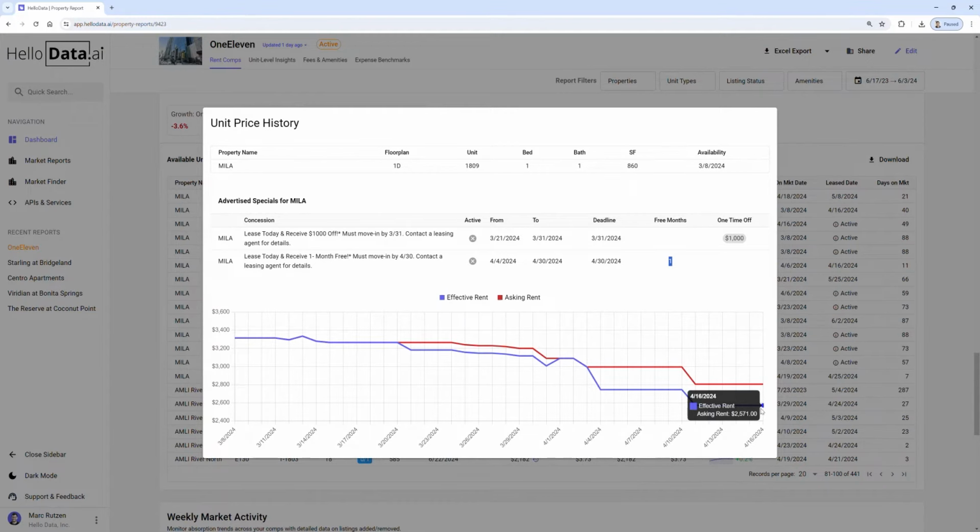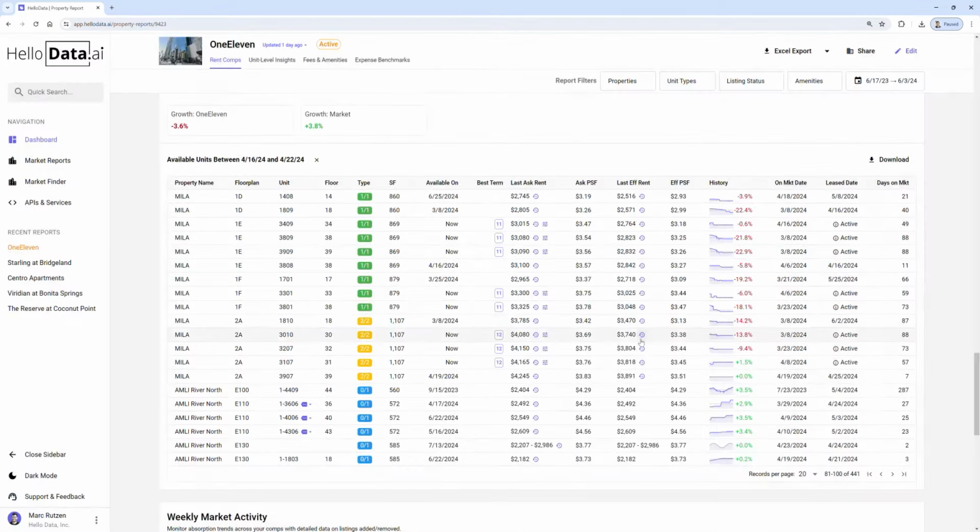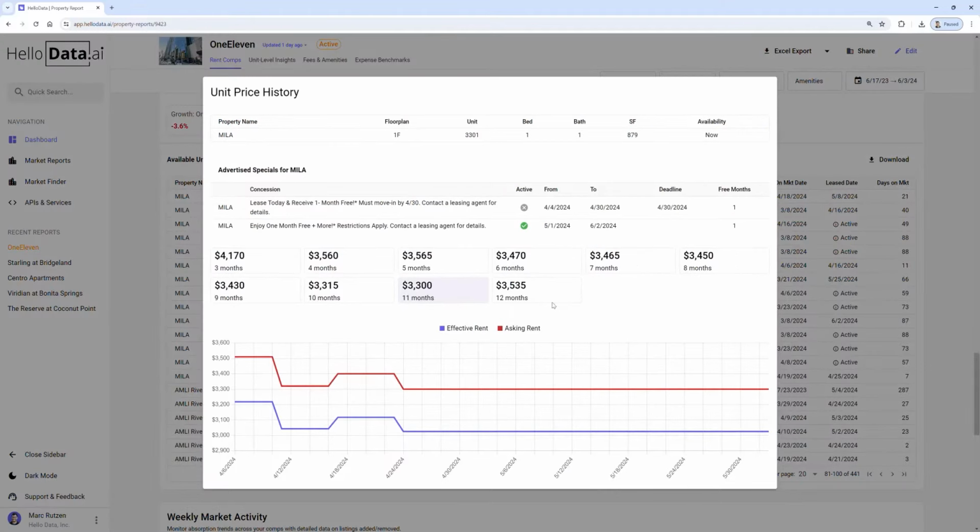This is the automation and level of granularity that we offer in the interface, just to save you having to do these calculations yourself. For any unit where there are these three lines next to the clock icon, this is a unit with varying lease terms. So it's going to show all the different lease terms that were being offered, and the best price is going to be highlighted, and that happens to be the 11 month in this case.